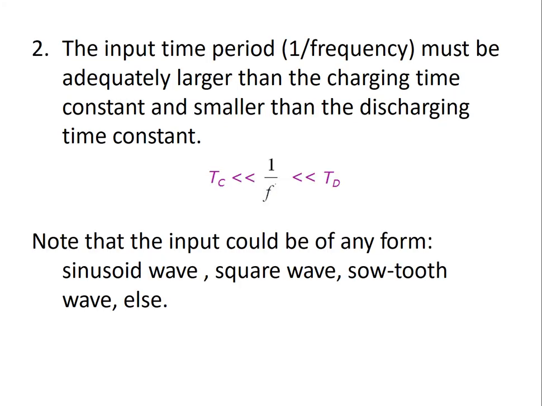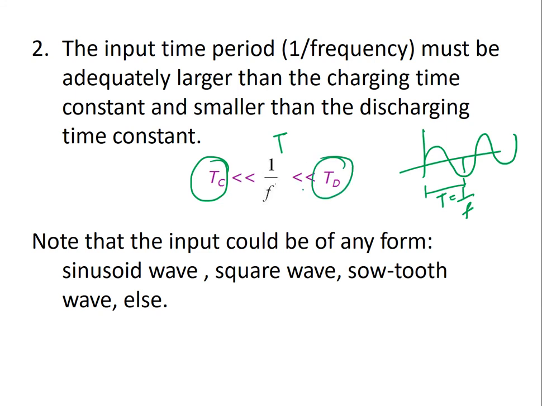The second condition is that whatever input signal we are having, for example a sine wave here, the time period of one cycle is equal to 1 over f. Basically the input time period must be greater than the charging time constant and must be smaller than the discharging time constant.